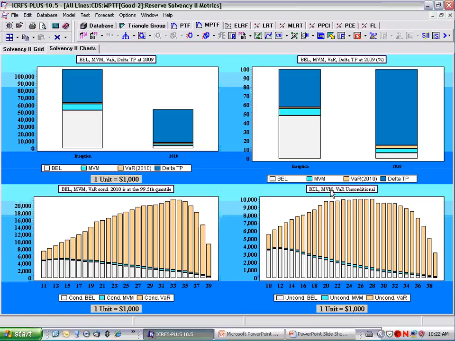These are the unconditional, and it's hard to tell from the scale. I think one needs to look more at the tables, but the delta BELs are very large, and that makes the delta TPs very large, as you can see from this picture here. This is at inception, the total capital at inception. This is what you need for calendar year 2010, and that's for the subsequent years. Okay?